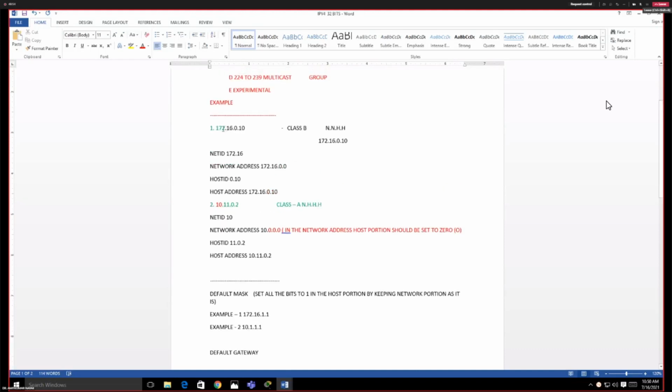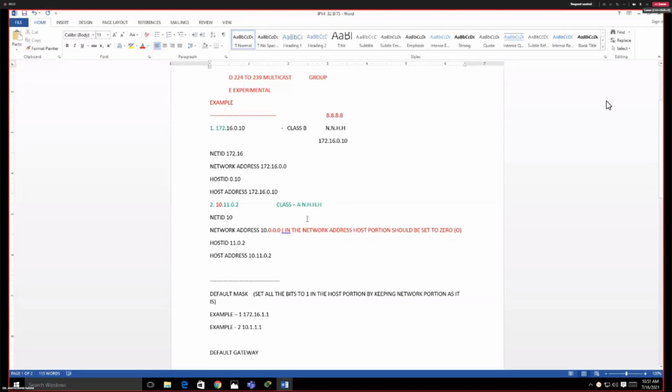So if you consider this IP address 172.16.0.10, then please see here, you have 8 bits available in the first portion, 8 bits available in the second portion, 8 bits available in the third position, and 8 bits available at the fourth position.